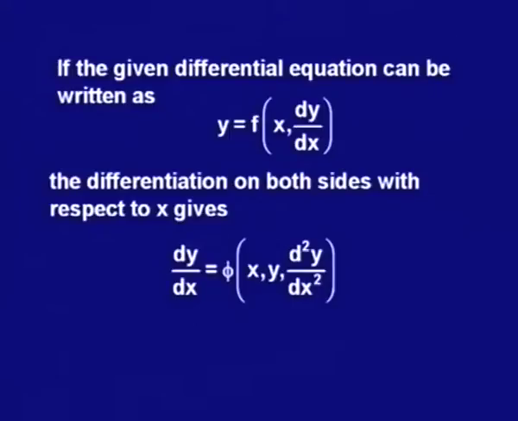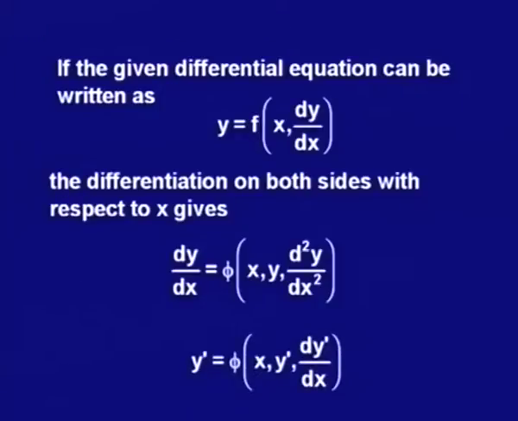Since what we have is the derivative of y would be dy over dx, the derivative of x may be a constant or whatever the function of x, we may get x, then we may get y also, and the derivative of dy over dx, that is the second derivative of y, d2y over dx2. So, we would get dy over dx as a function of x, y and d2y over dx2.